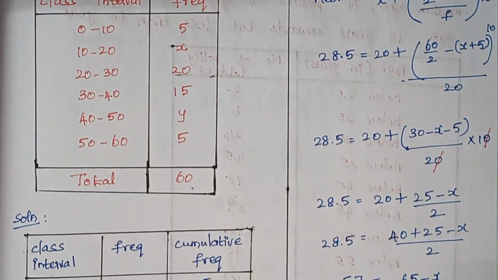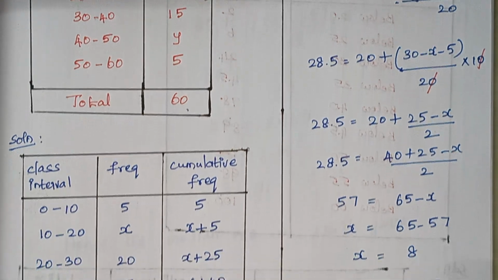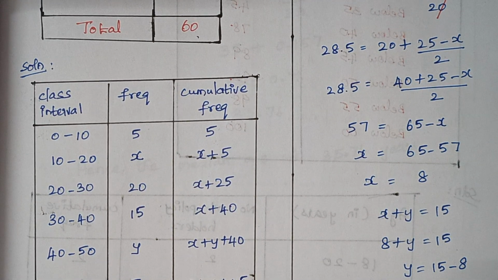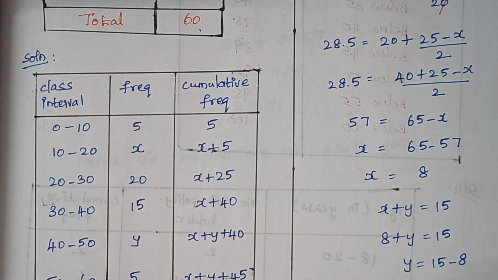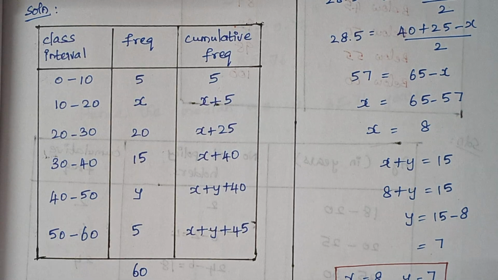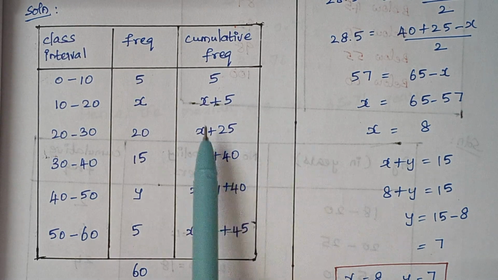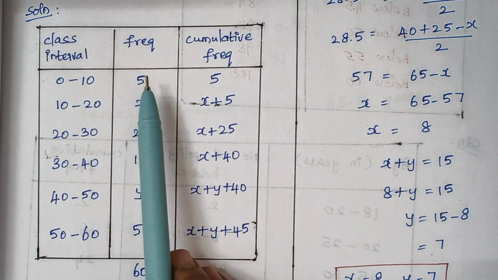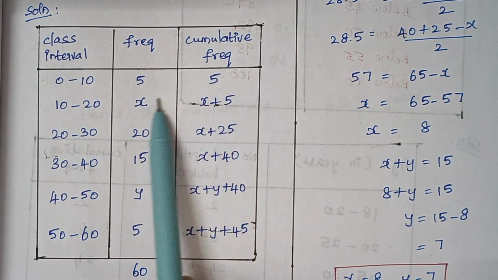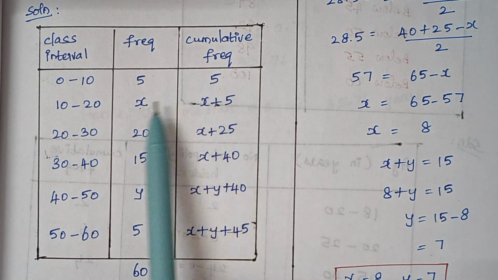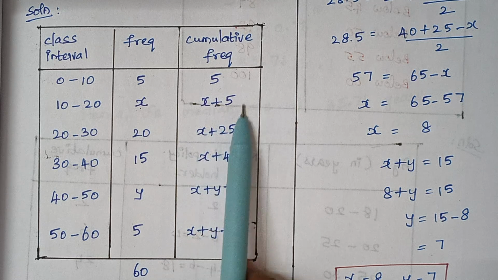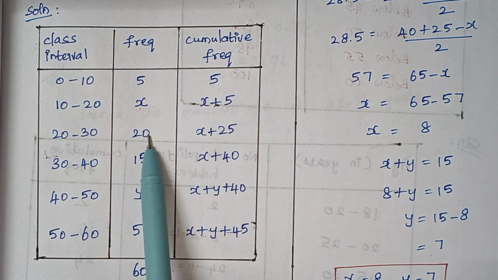So the first step in calculating the median is you have to calculate the cumulative frequency. So how to calculate the cumulative frequency? Here these two columns are given in the problem and the third column we just have to add the frequencies. So the first value is 5, so just write down 5 and the next thing is you have to add this value. So 5 plus x, so here it is x plus 5 and the next thing is to this value you have to add 20.